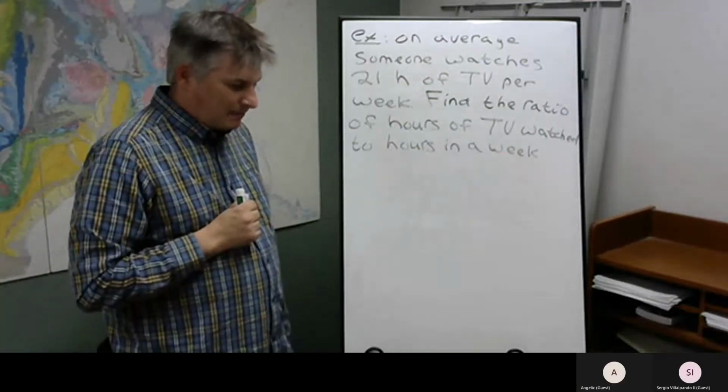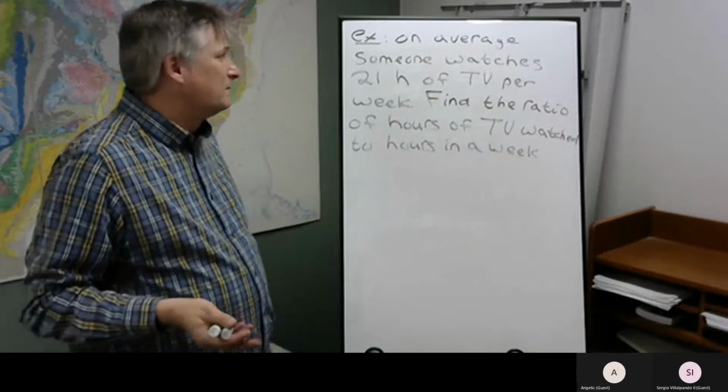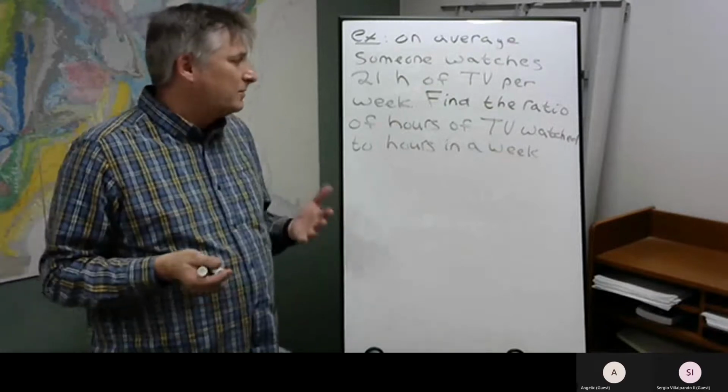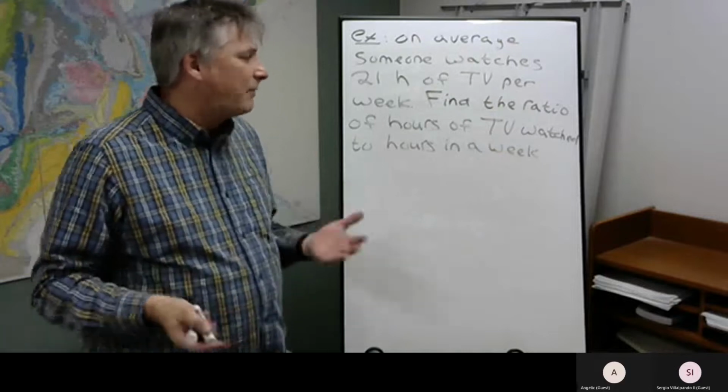Now, what they're going to do in this problem, so on average, someone watches 21 hours of TV per week. Find the ratio of hours of TV watched to hours in a week.